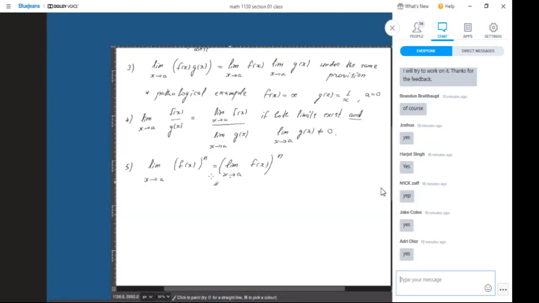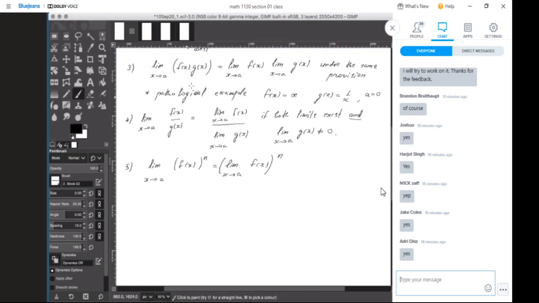Now this rule actually follows from the product rule. So this is basically a product of f times f times f, n times. So we can apply this, and this is exactly what we'll get.